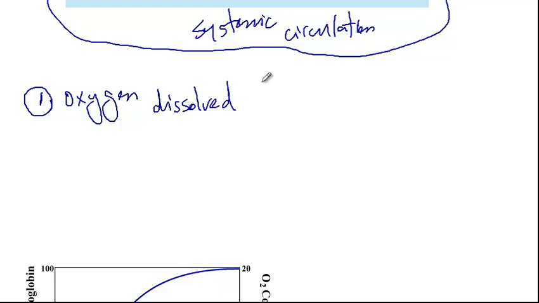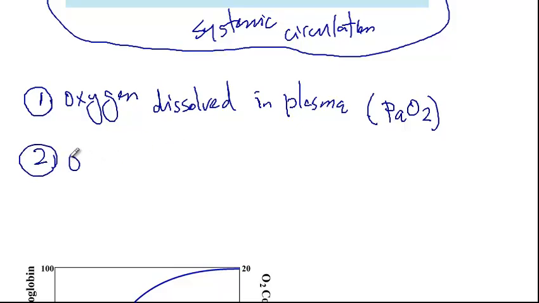You know how there is so much oxygen dissolved in water, and all the amphibians and fish under the water can use up that oxygen. Same thing can happen with our blood. Oxygen can get dissolved in plasma, and this is referred to as partial pressure of oxygen in our blood.